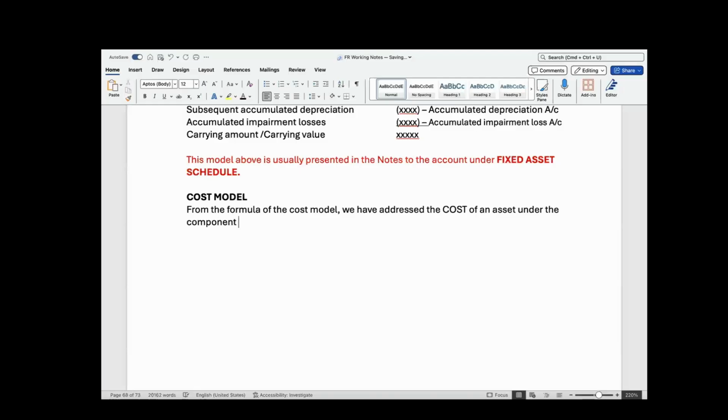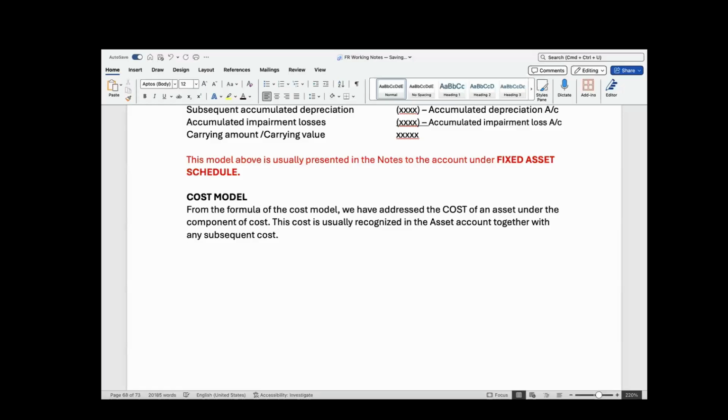So you already know that. And this cost is usually recognized in the asset accounts together with any subsequent costs, if you have any.